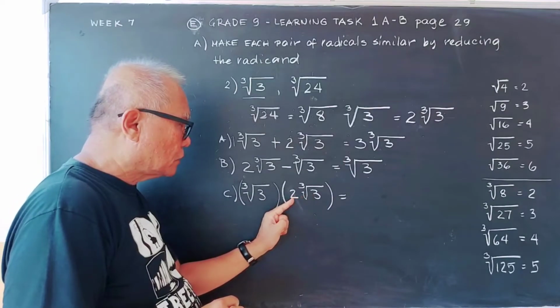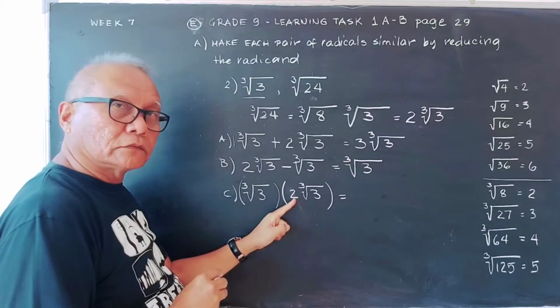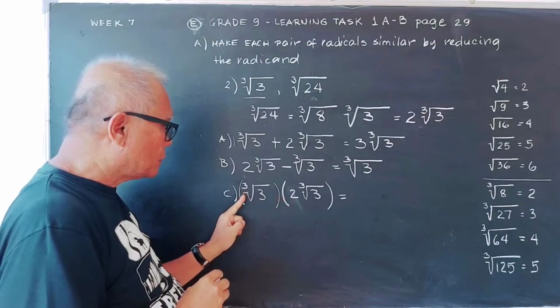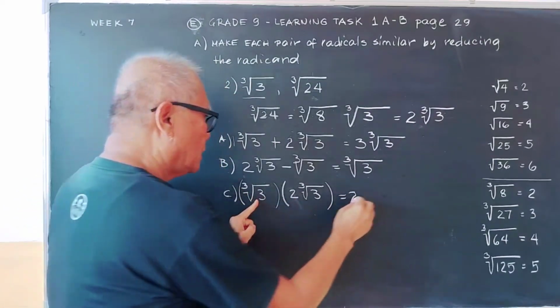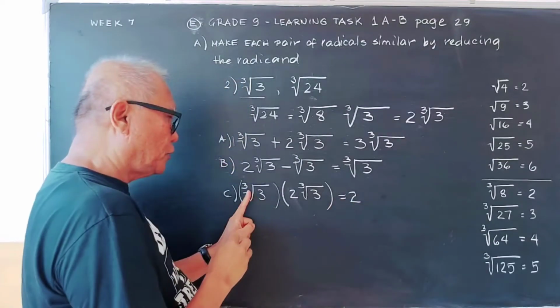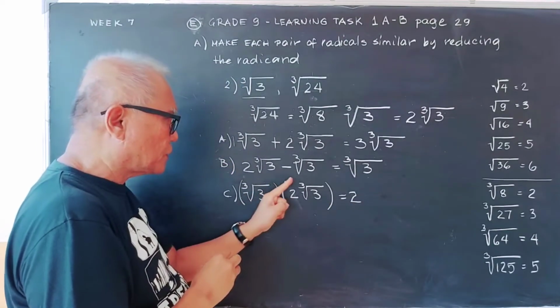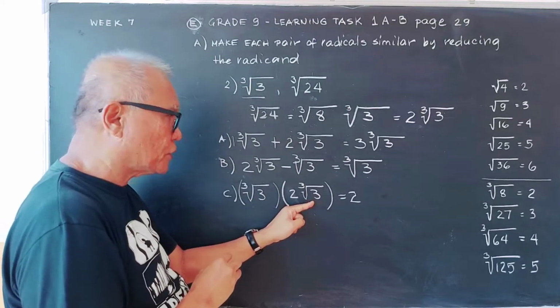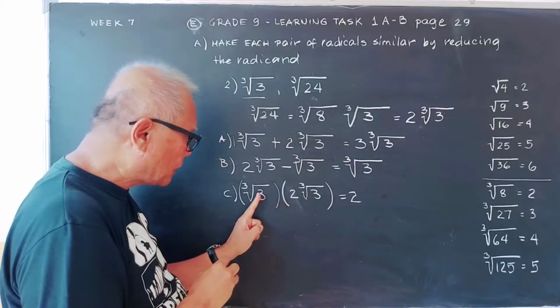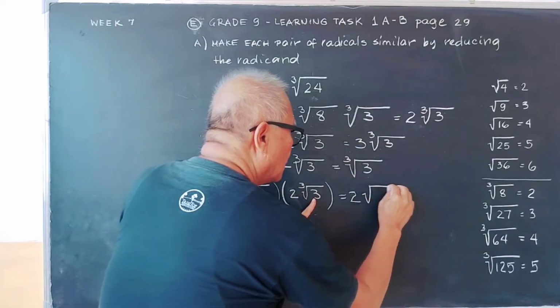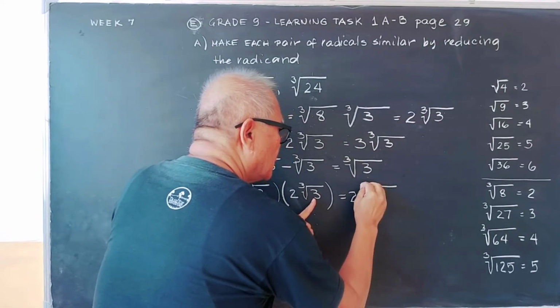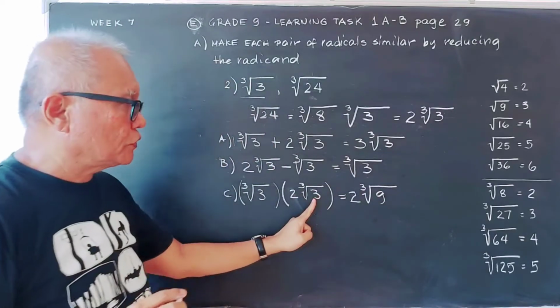Wala siyang radical sign. 2 times 1 is 2. And this one, cube root of 3 times cube root of 3 is cube root of 9. Multiply natin yun. 3 times 3. So, ito ay 9. And then, we have cube root.